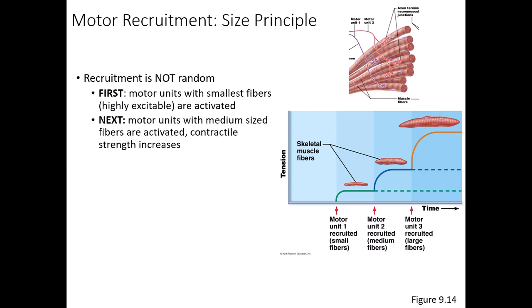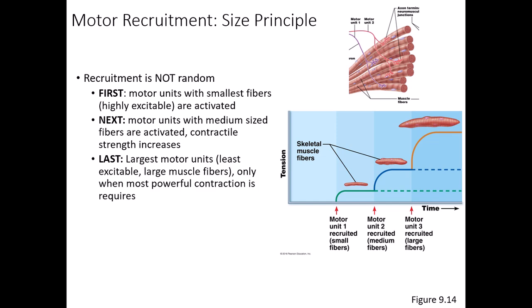Second, the medium-sized ones are next, and that will really add to the strength of the contraction. And then lastly, the largest motor units are going to be engaged, and only when a really powerful contraction is necessary, like if you were using your thighs to lift one end of a couch.